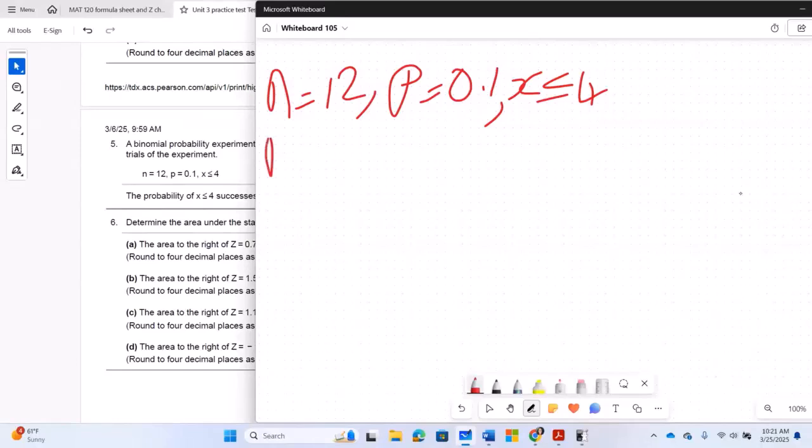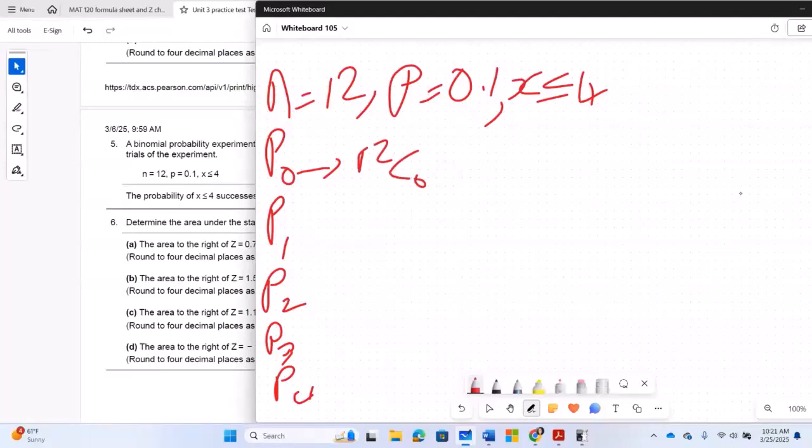It means calculate the probability of 0, calculate the probability of 1, calculate the probability of 2, calculate the probability of 3, and calculate the probability of 4, and add them all together. I hope you remember that the probability of 0 is 12 combination 0, success to power 0, failure to power 12 minus 0, and so on.